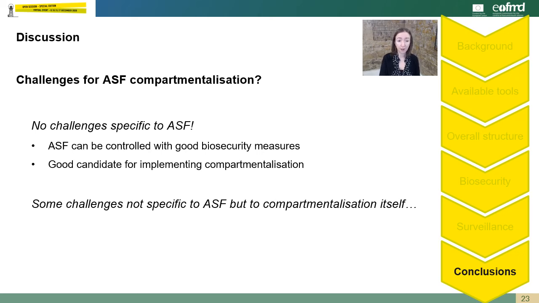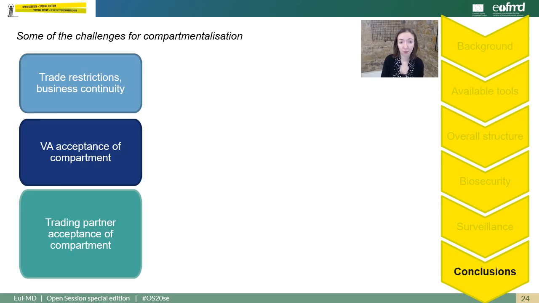Implementing a compartment for ASF is, however, associated with some challenges due to the nature of the compartmentalization itself. Among the challenges associated with compartmentalization, the three most important are business continuity, the acceptance of the compartments by the vet authorities, and the acceptance of the compartments by the trading partners.